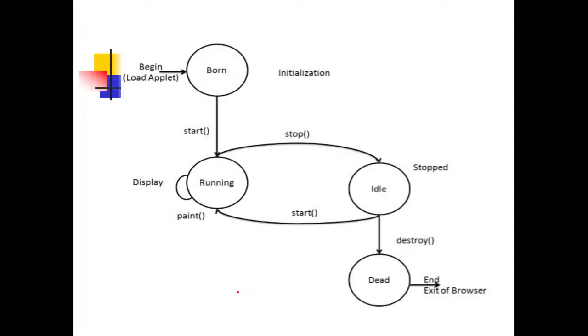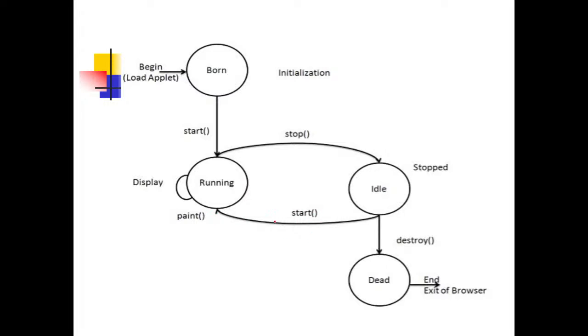As soon as the applet is loaded into memory, it is born, meaning the initialization function is called, and then the start method gets executed. From the start method, my applet comes into the running phase, and from running it can go into the idle stage by using the stop method, or it will be started again by using the start method.